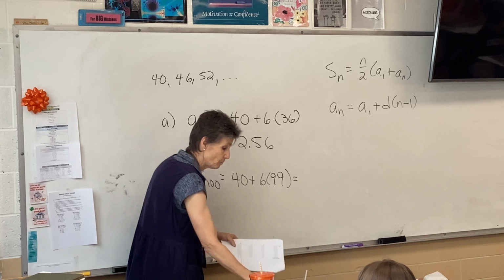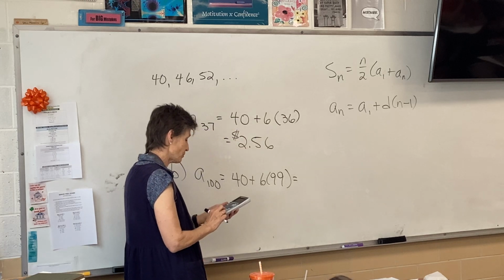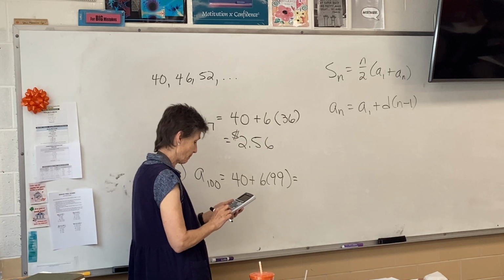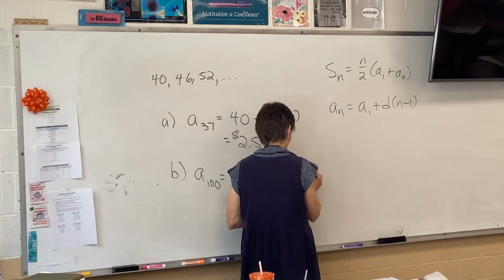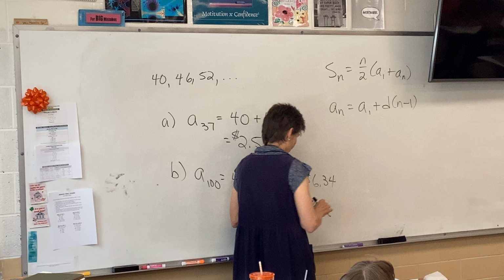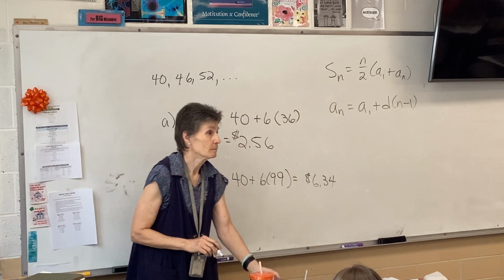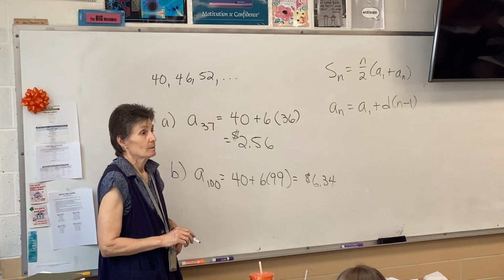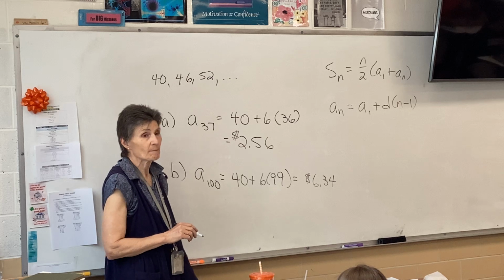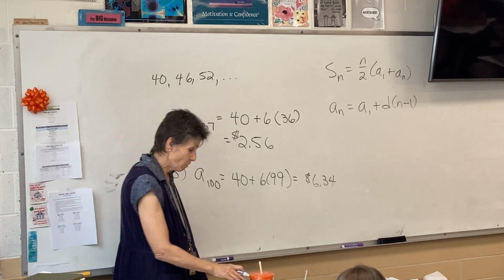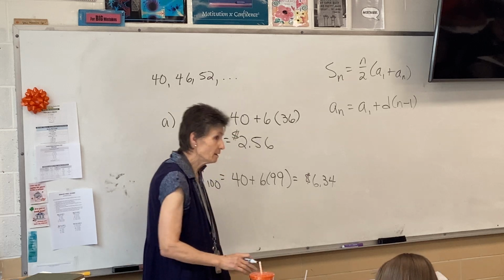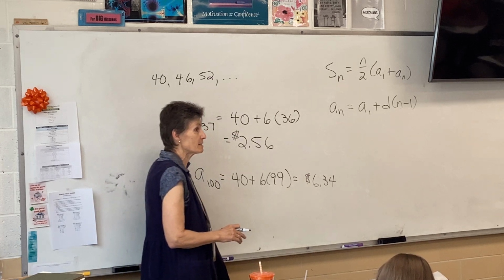Which I can do, but I'm not sure that's the answer to the question. That's 634. Did anybody notice anything about the grammar in the question? How much will he have set aside?